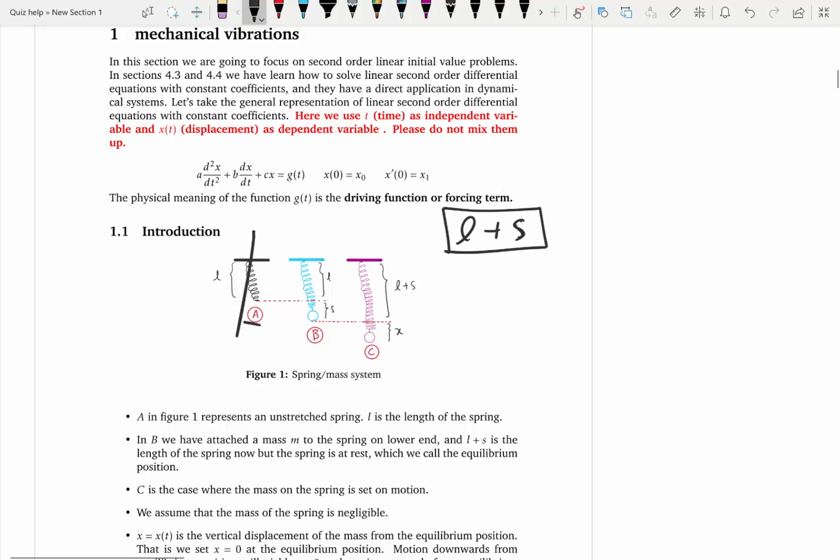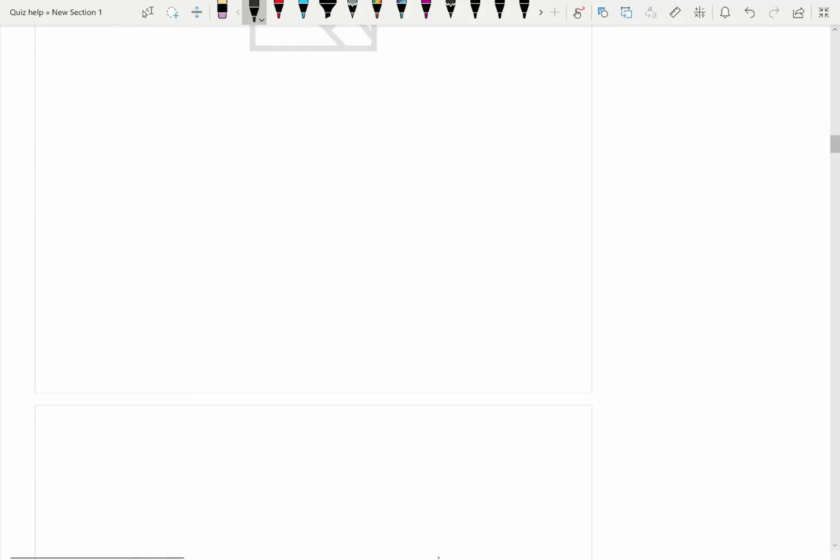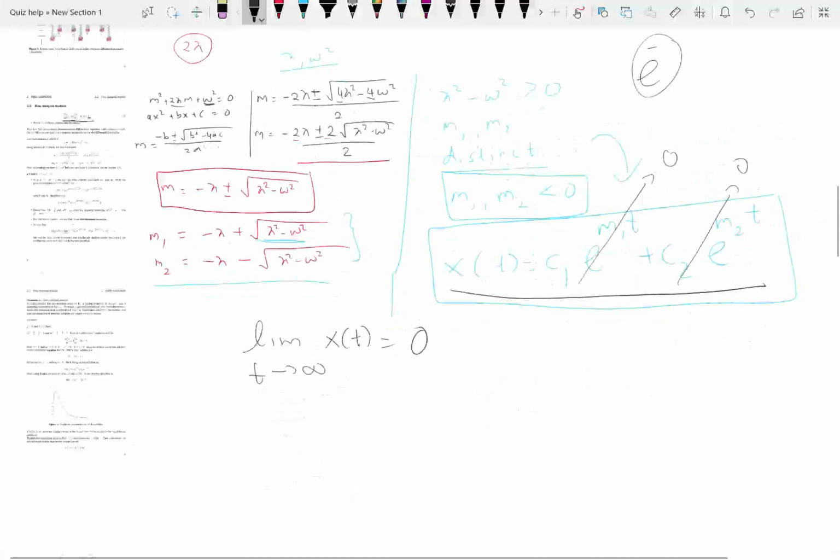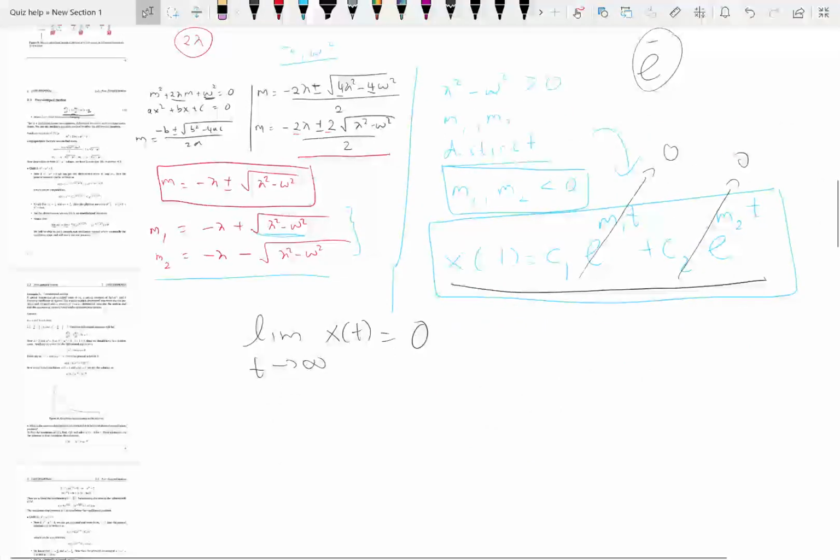When the motion happens, we measure x, the displacement, from the rest position. So if x is equal to 0, the mass has reached the rest position again. x equal to 0 means you do not have a stretch other than the rest position. So the physical application of these 2 distinct roots, when there's damping, is that the displacement will be 0 eventually.